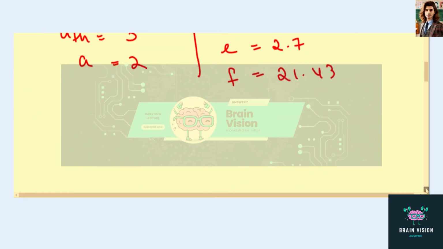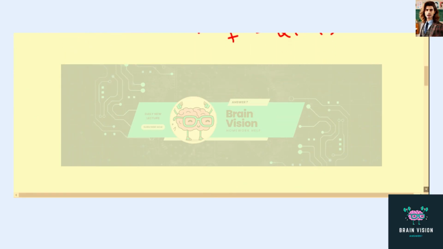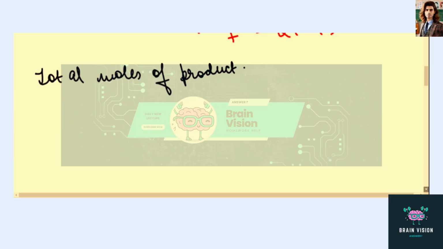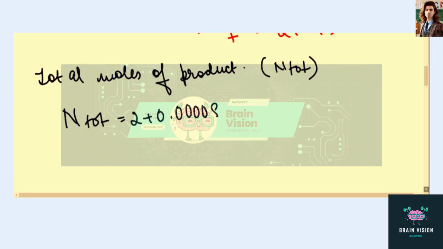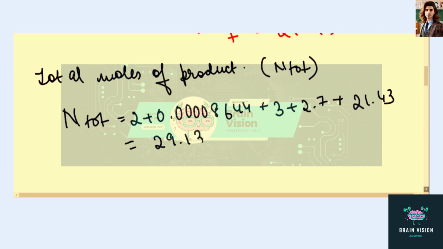So the total moles of the product, that is N total, equals 2 plus 0.00008644 plus 3 plus 2.7 plus 21.43, and that is 29.13.